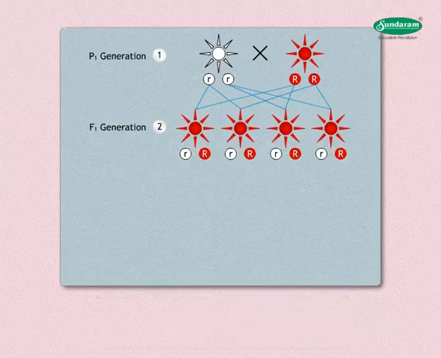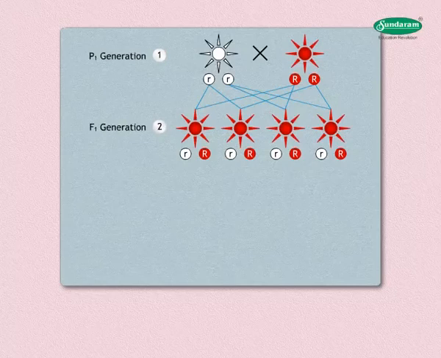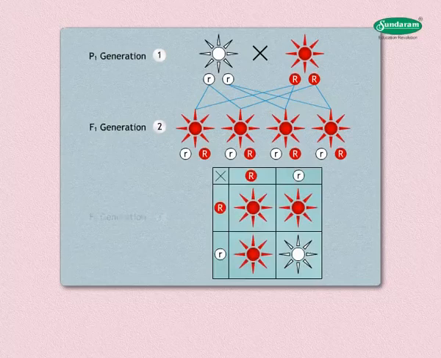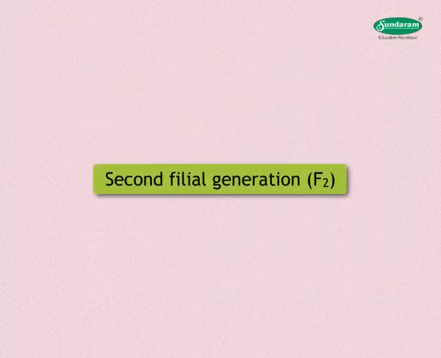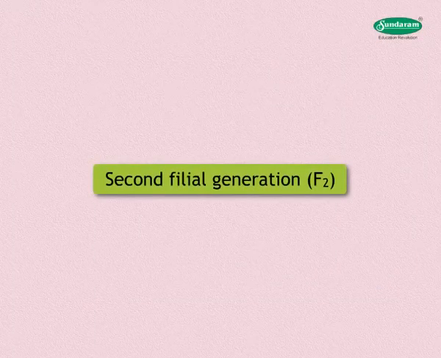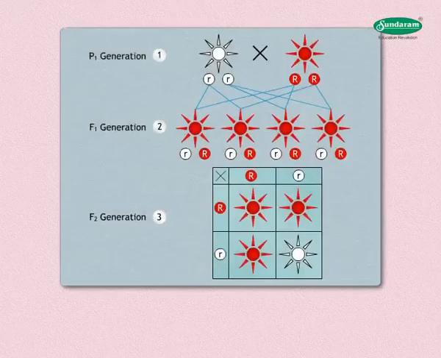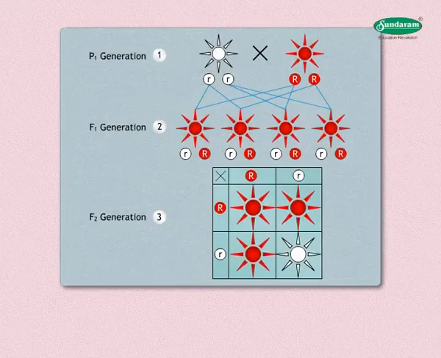Mendel continued with his experiments and allowed the F1 plants to self-pollinate in order to produce the second filial generation, F2. The F2 generation has both red-flowered and white-flowered plants.